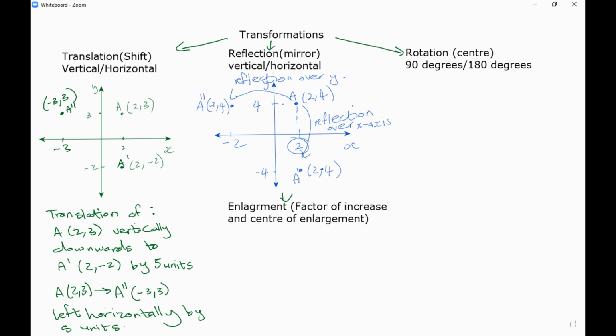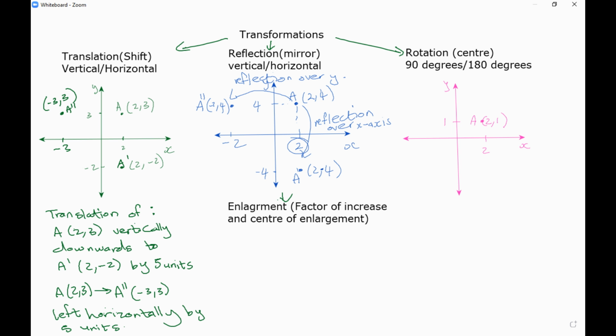Let's look at an example of a rotation now. You can rotate a point 90 degrees or 180 degrees. Let's suppose I've got a point that is 2 and 1. 2 to the right and 1 up. This point over here is point A. This is my y-axis. This is my x-axis.